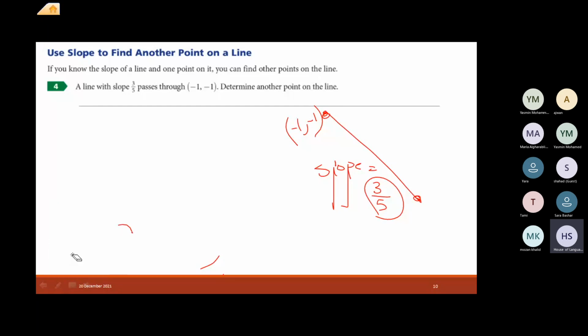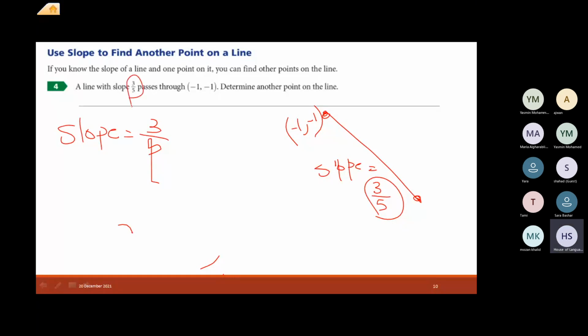Let's see what we have to do here. Now, what is the slope here? It's 3 over 5.